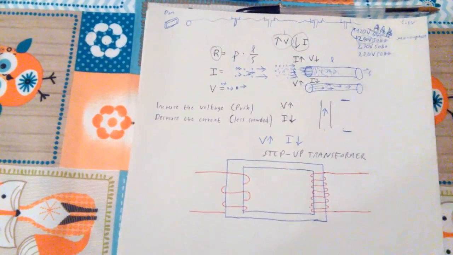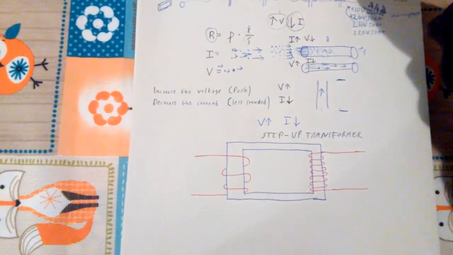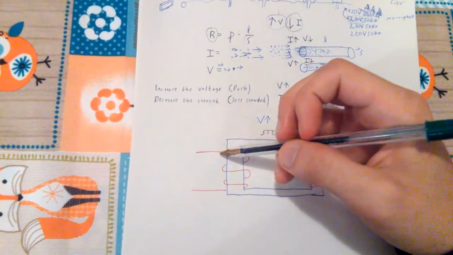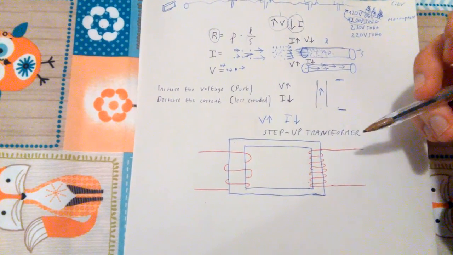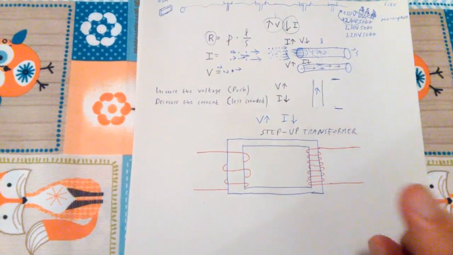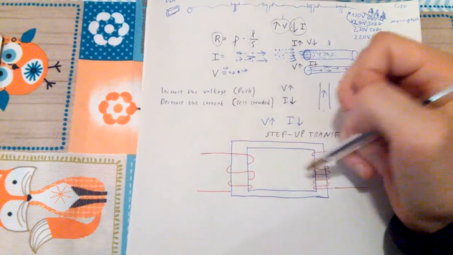So how does it work? Well, there's current flowing here through this wire, and there is no current flowing here yet. Now, what happens?